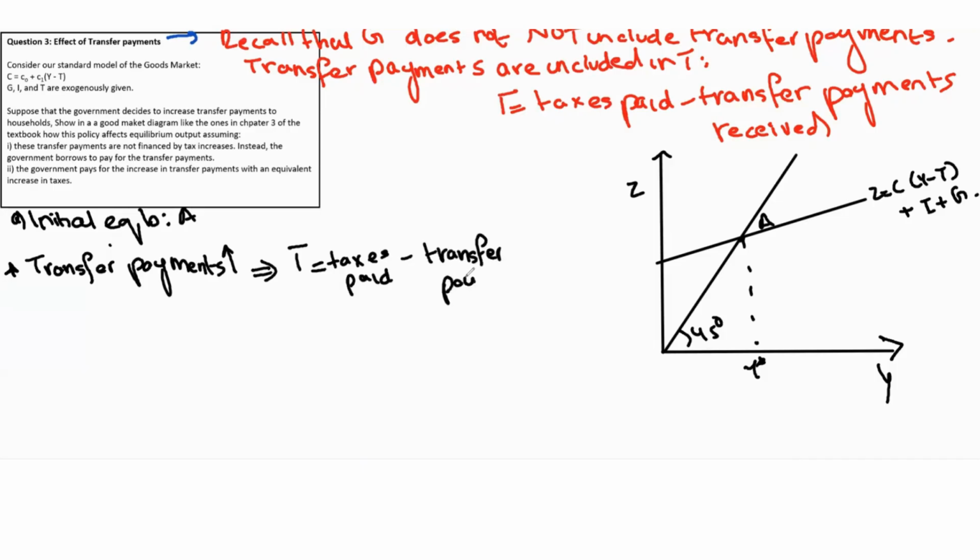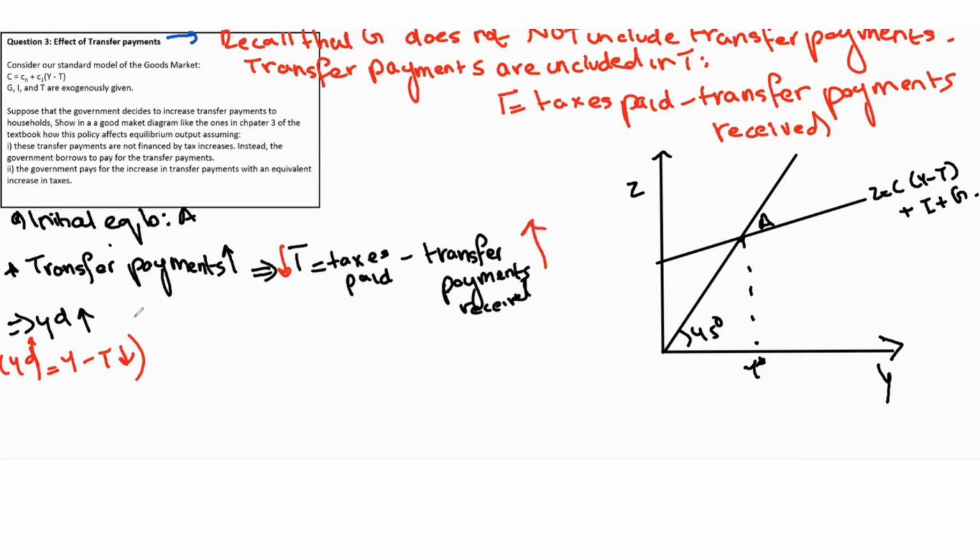We know disposable income is YD equal to Y minus T. So when T goes down, your disposable income is going to increase.